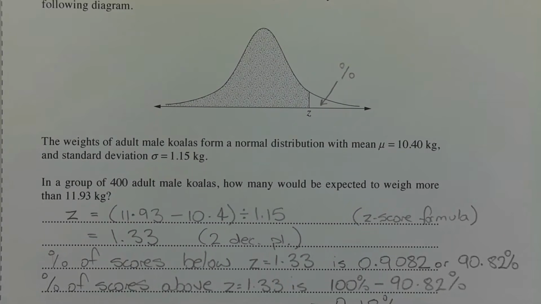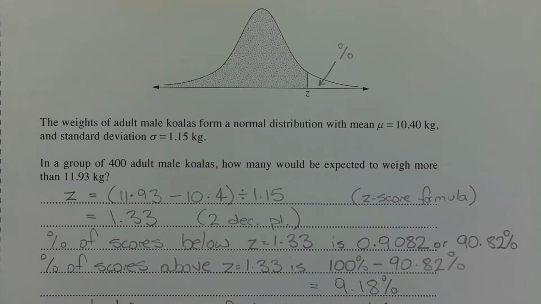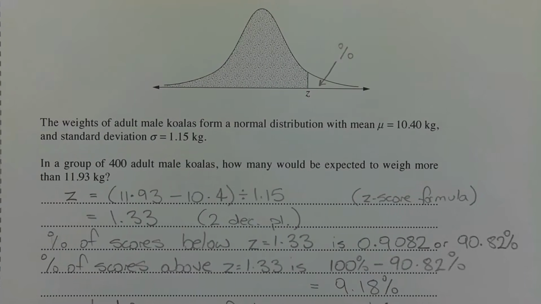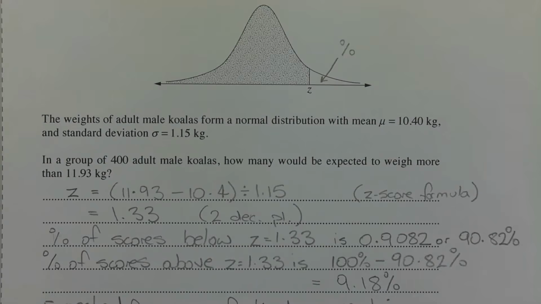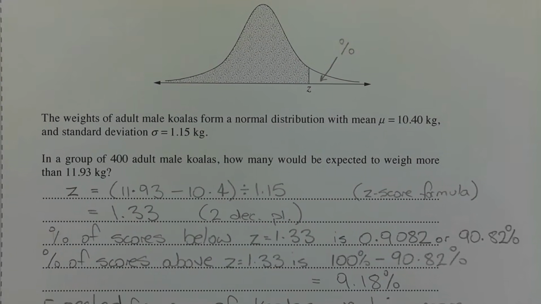But we want the percentage of scores that lie above Z equal 1.33. And that's found by 100% minus 90.82%, since 100% of scores are contained in the normal distribution. So really what we're doing is finding the complement of 90.82%, and that's 9.18%. So in other words, 9.18% of koalas will have a mass or a weight greater than 11.93 kilograms.